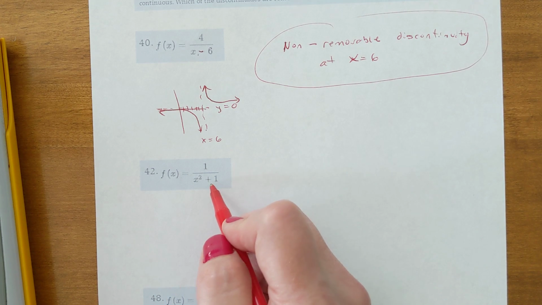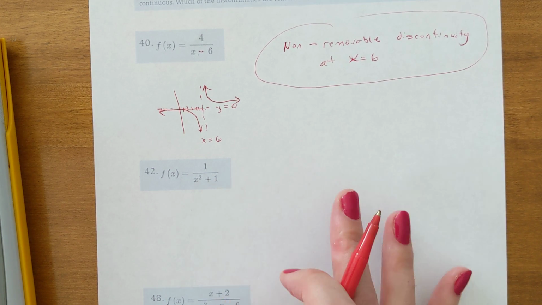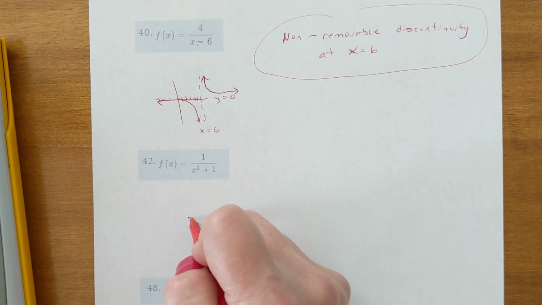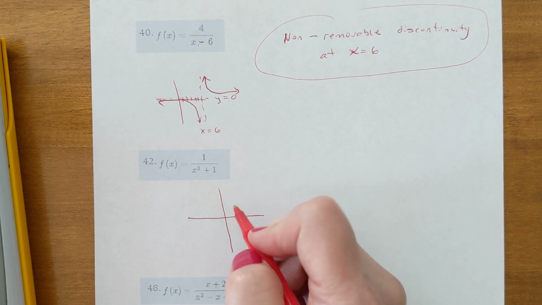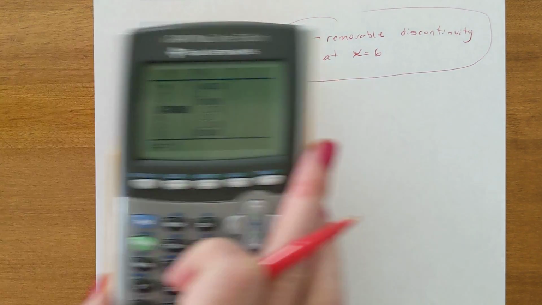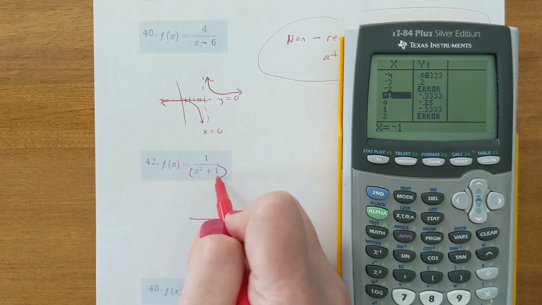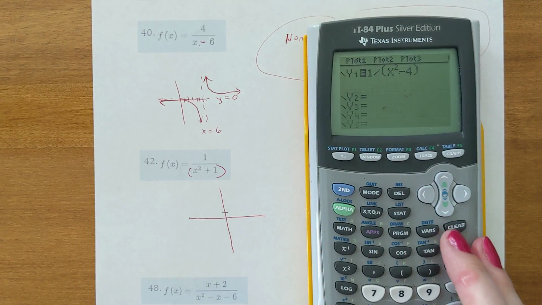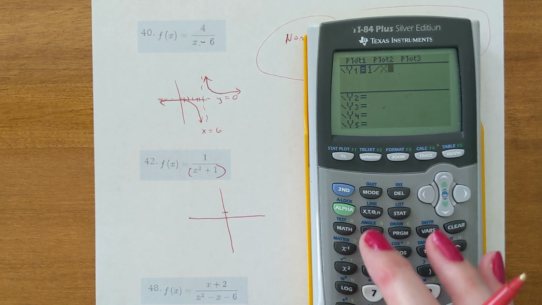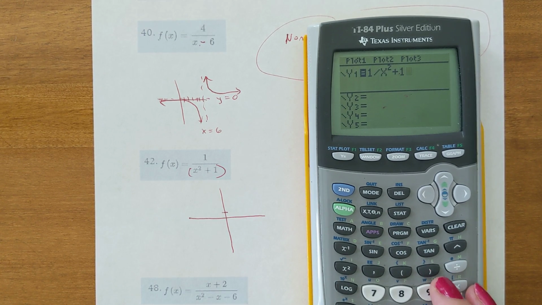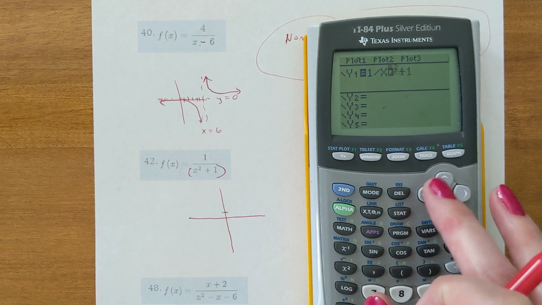Okay, so this one here, it doesn't have any vertical asymptotes because there's no way to make the denominator equal to 0 on it. If you graph that on the calculator, it's kind of fun to look at. We've got y equals 1 divided by x squared plus 1. Ooh, I forgot parentheses.